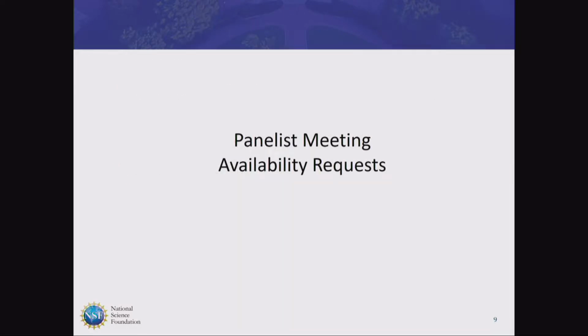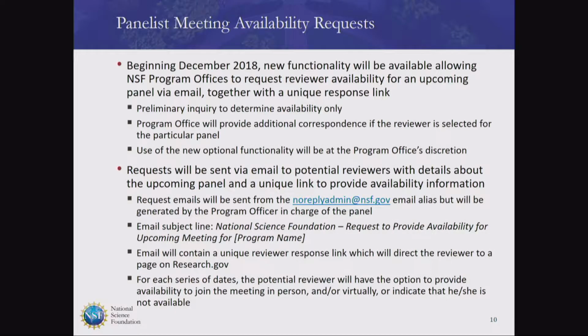All right, so the next and last thing I'm going to talk about is the panelist meeting availability requests. So NSF, as you know, hosts around 20 to 22,000 panelists a year. So as you can imagine, that's quite a lot of people to manage.